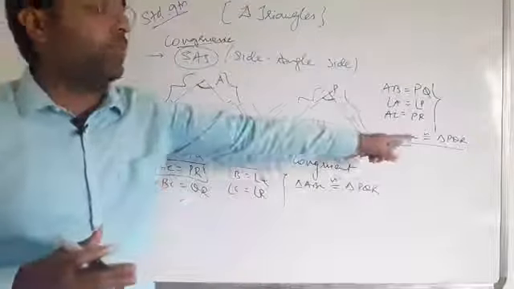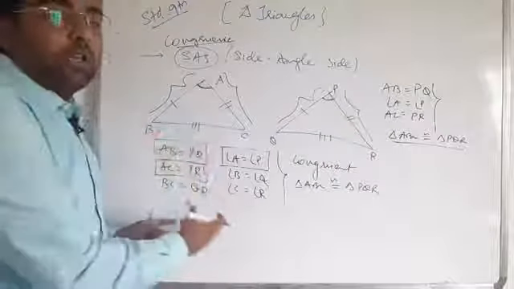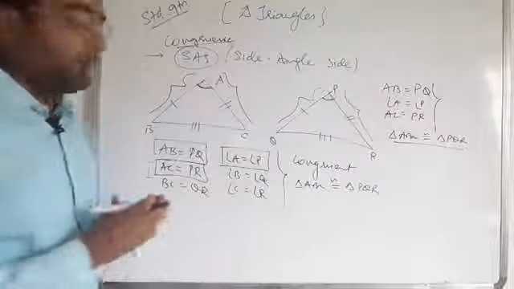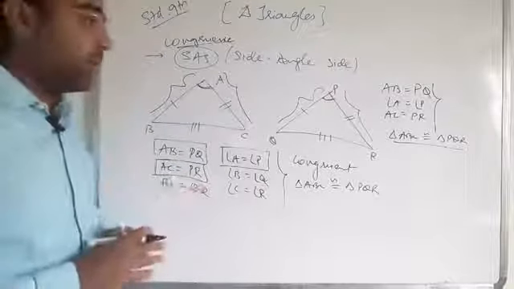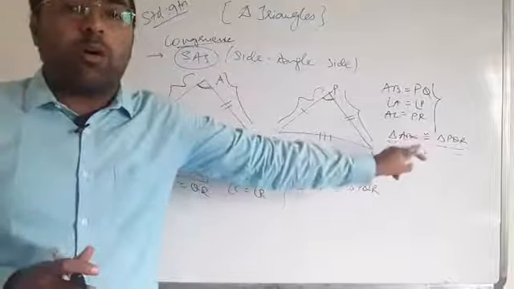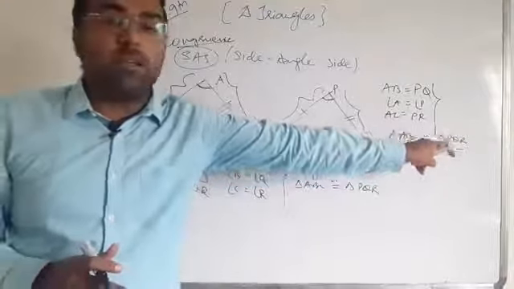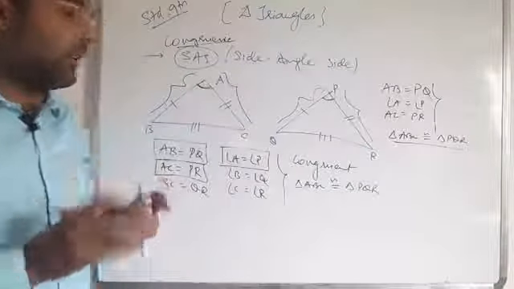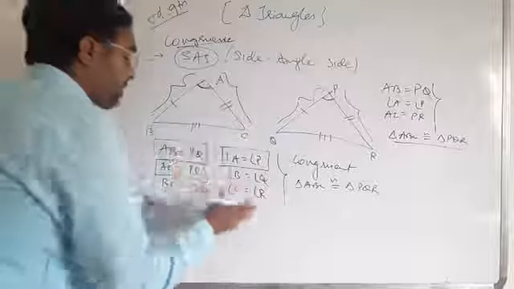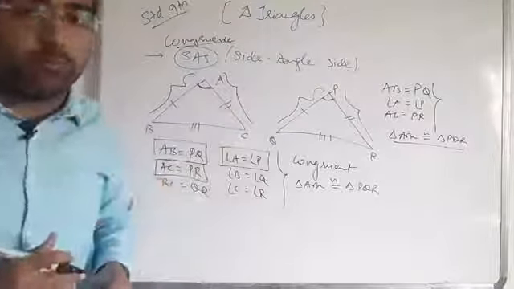If we prove that both triangles are congruent, that means all of the sides and all of the angles are congruent, that means equal. Congruent means one of them equal. If triangle ABC is congruent to triangle PQR, then all the sides and all the angles of both triangles are equal.